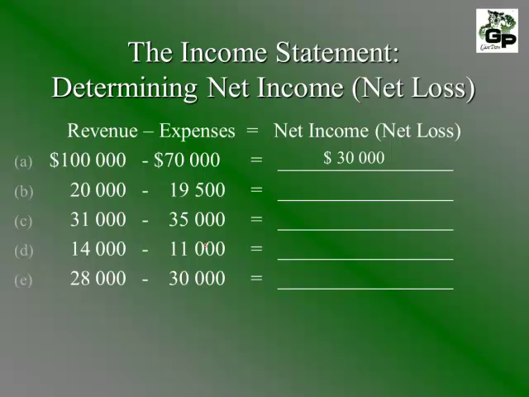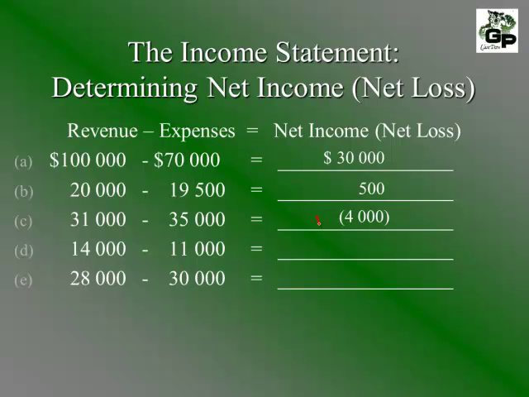The net income, $500. The next example, we have revenue of $31,000, and this time we have expenses that are greater, $35,000. So, do we have a net income or a net loss? Because the expenses are greater, we have a net loss.